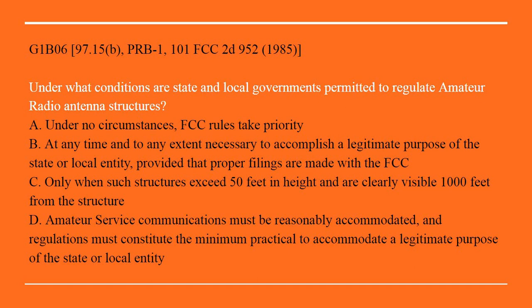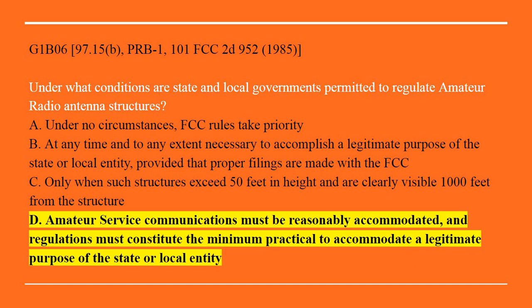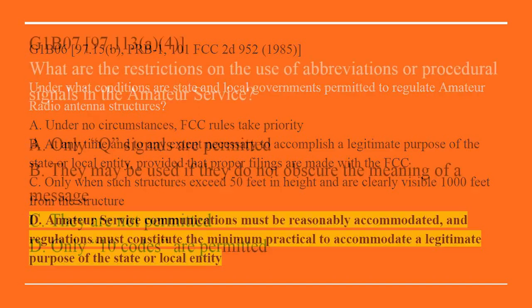Or D. Amateur service communications must be reasonably accommodated and regulations must constitute the minimum practical to accommodate a legitimate purpose of the state or local entity. Correct answer is D. Amateur service communications must be reasonably accommodated and regulations must constitute the minimum practical to accommodate a legitimate purpose of the state or local entity.